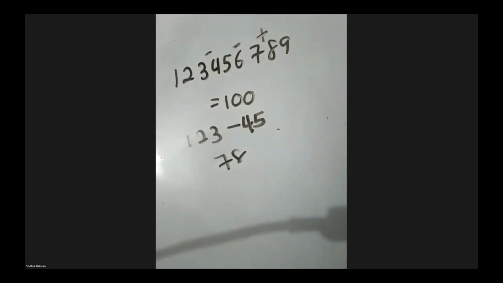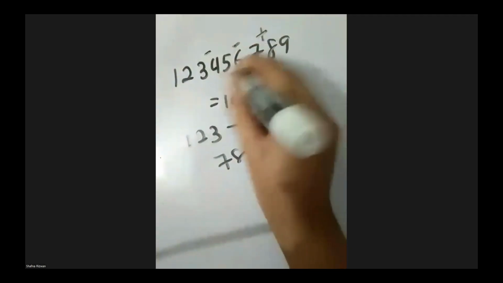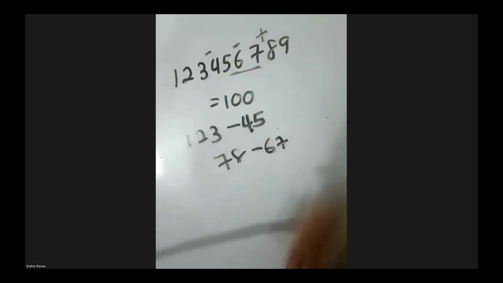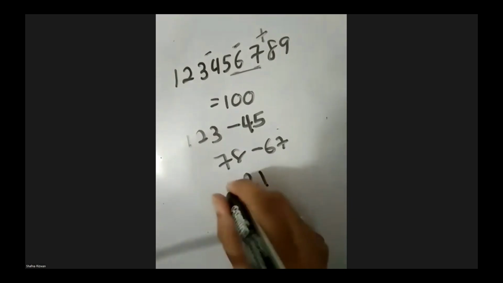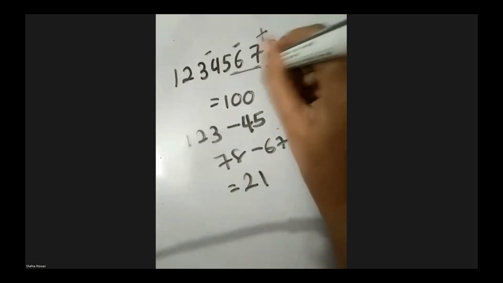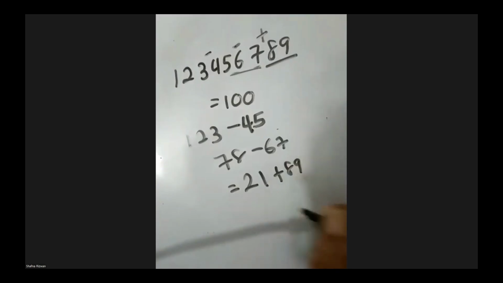From 123, if you subtract 45, you get 78. And then from 78, you have to minus 67. Then how much will you get? 21, right? For the 21, you have to add how much? Plus 89.